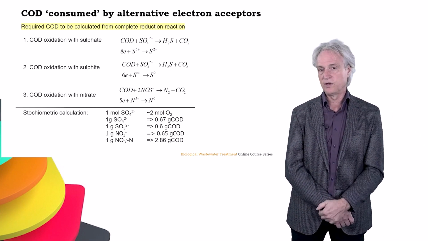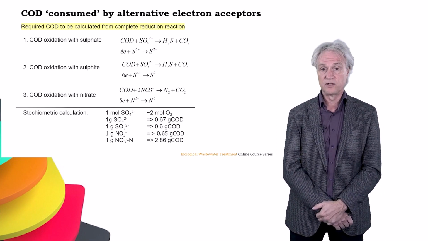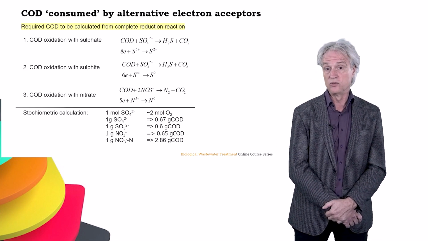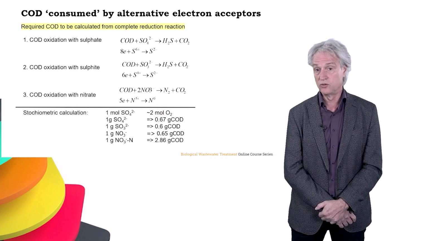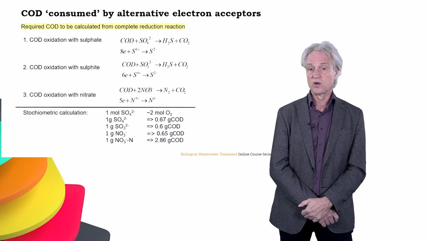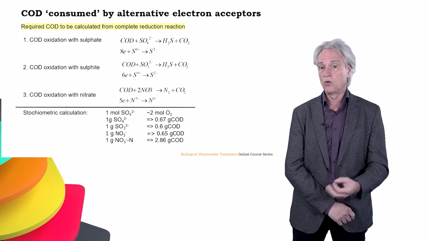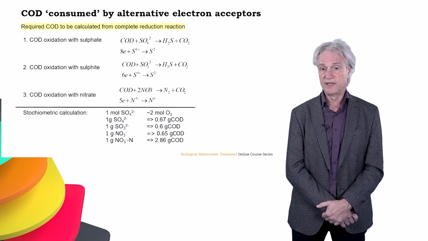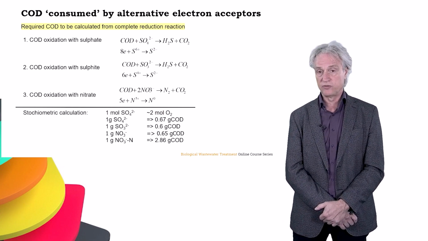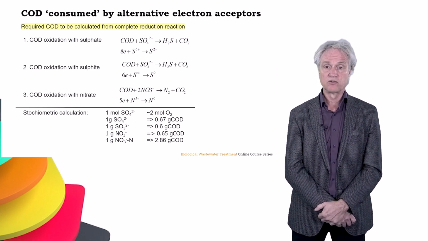You can calculate as well here, nitrogen in nitrate: you need 5 electrons to reduce that to the neutral nitrogen gas. You calculate that 1 gram of nitrate requires 0.65 grams of COD, or expressed as nitrate-N, 1 gram of nitrate-N requires 2.86 grams of COD. And I'm sure you know this number from the activated sludge processes.